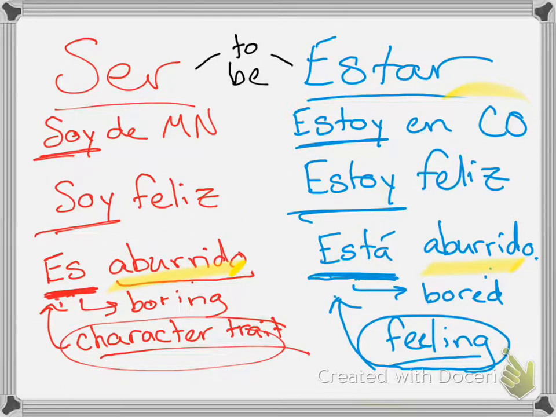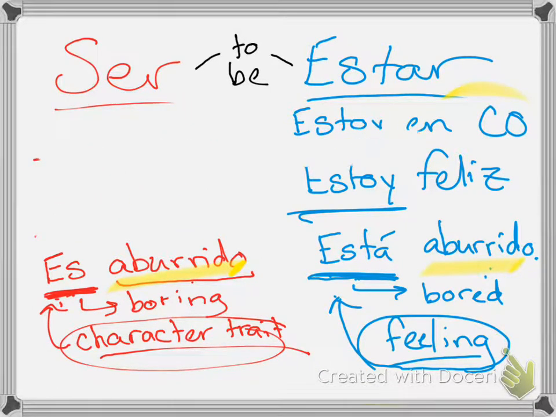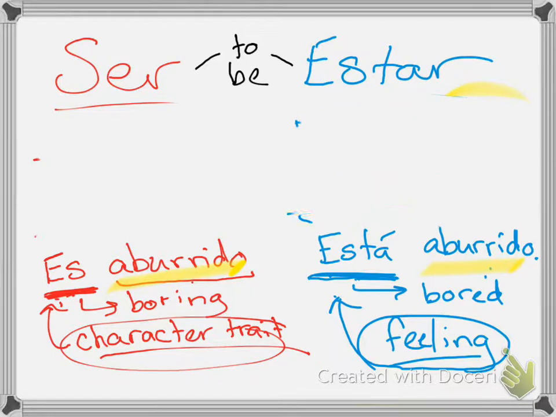There are others that change, like aburrido. Por ejemplo, listo is another one that looks like these. Listo means ready, right? So if I were to say está lista, I'm saying she is ready.